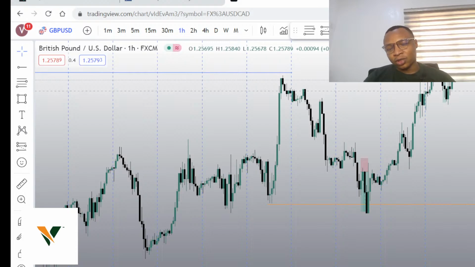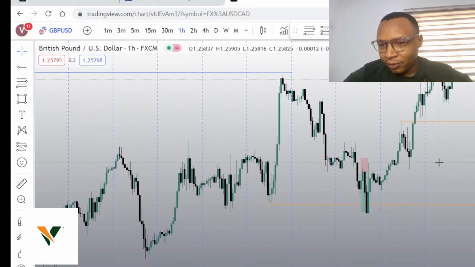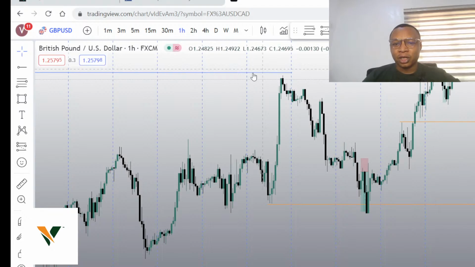All right, so for today's New York session, like we said, we don't have so much expectations of the market, but we still expect price to trade down to at least equilibrium of the whole swing, which is around 125,342 levels. We expect price to sell further down to 125,342 levels, somewhere around here.